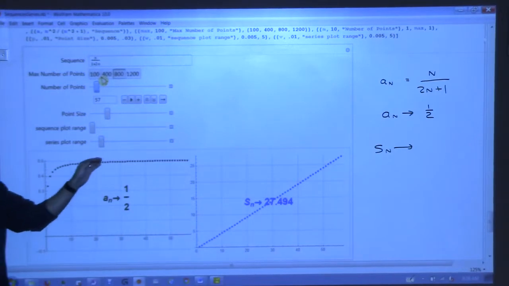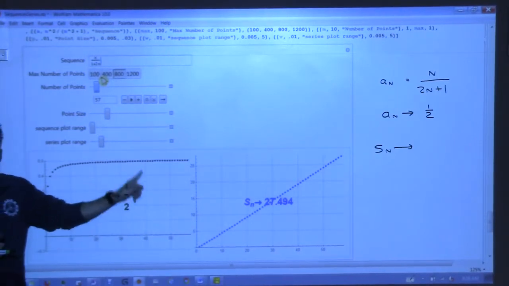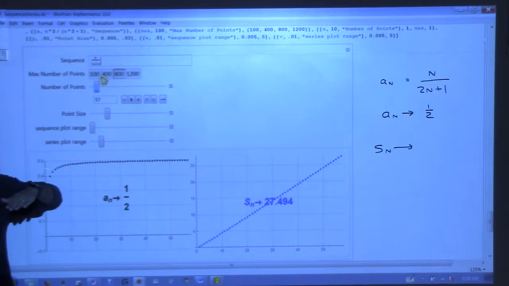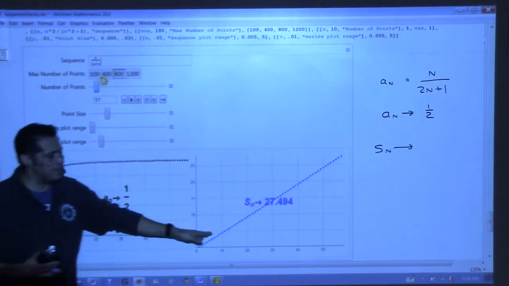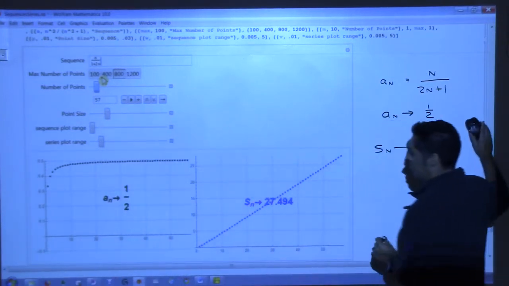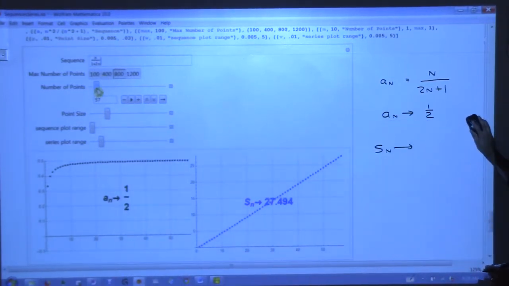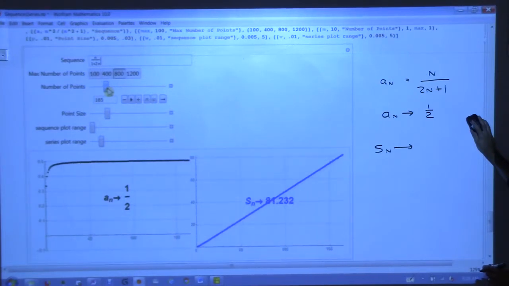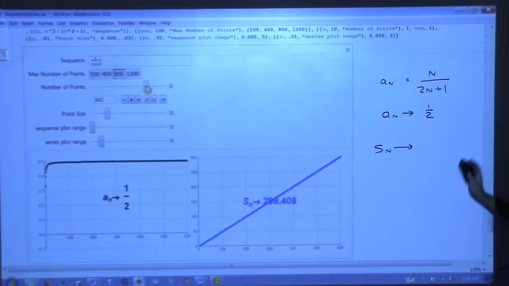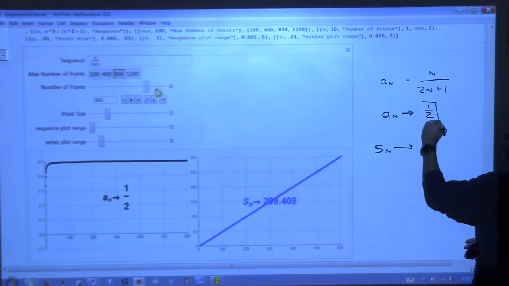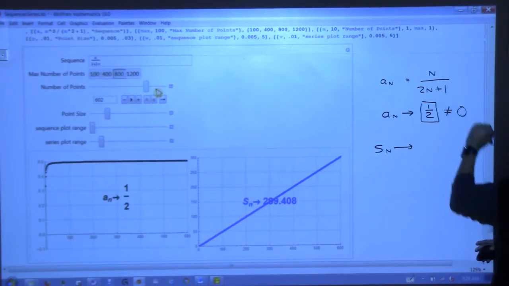If this is converging to 1/2, and you keep on adding these up, it's just like stacking a half on top of a half on top of a half, and you keep on doing that, right? So take a look at this series. The series just looks almost linear, doesn't it? And as I go out here, just take a look at that S sub n: 80, 100, 120. I mean, that thing is exploding, isn't it? So I think it's pretty apparent that this one diverges. Would you agree? And the reason why is because this right here was not 0.